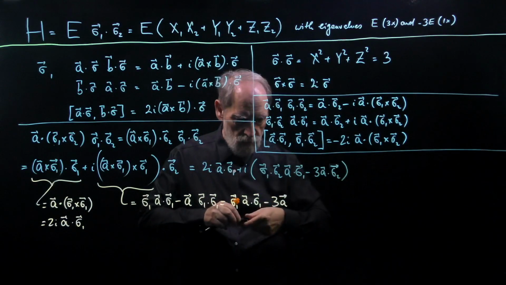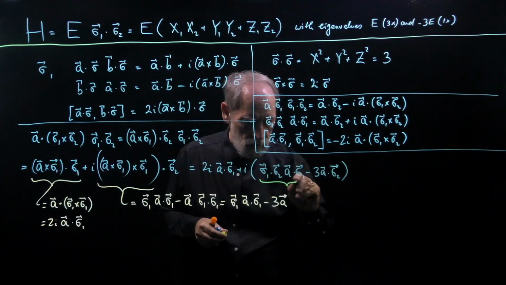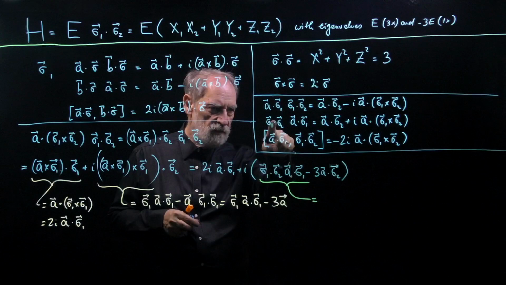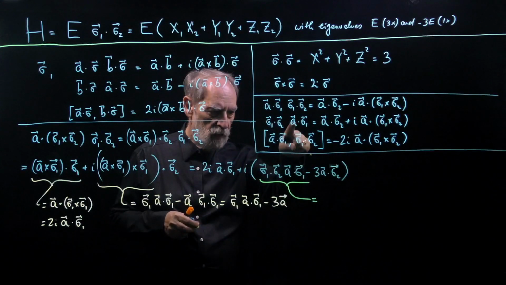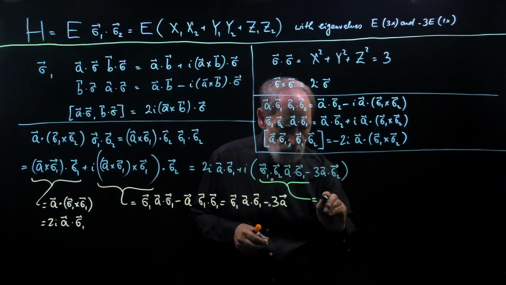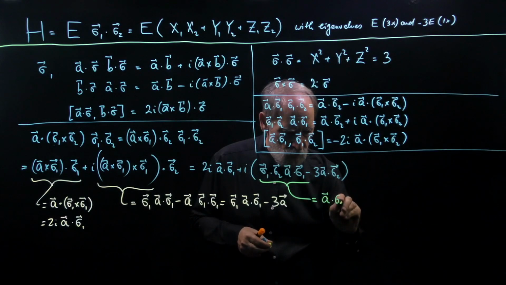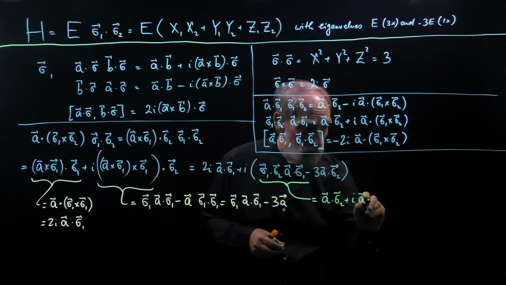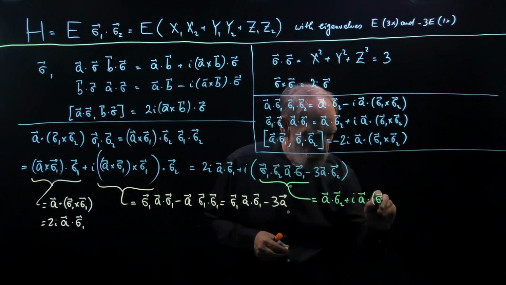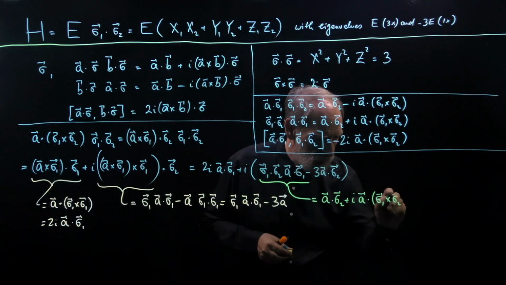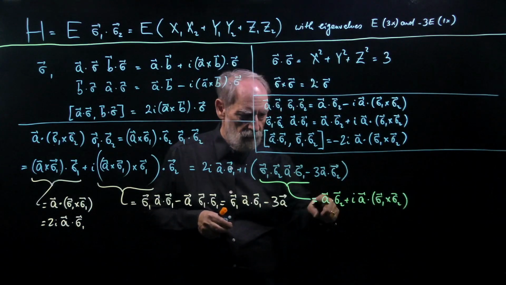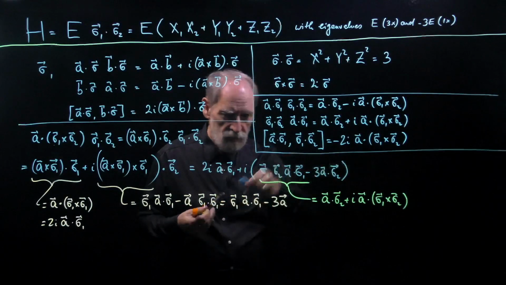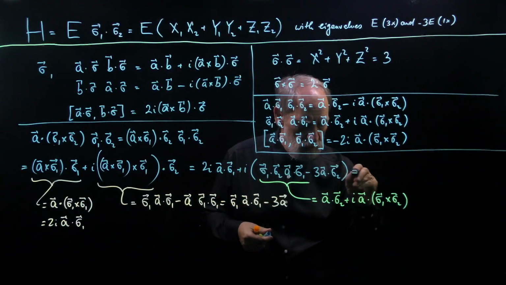So here we meet an expression that we have worked out already. It's written here, sigma 1 dot sigma 2, A dot sigma 1. And that's A dot sigma 2 plus I times A dot sigma 1 cross sigma 2. And so we now combine these terms into the following.